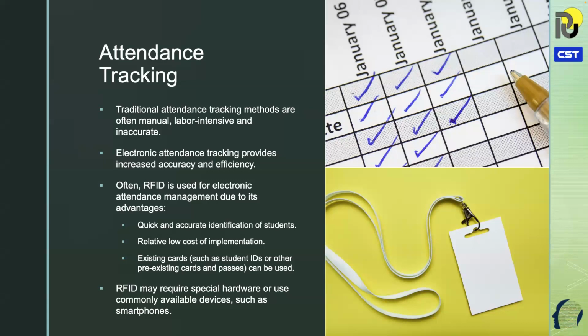And even if you move the traditional forms to electronic forms, they can still be inaccurate, because the teacher can, for example, go on with their lesson and miss students who have arrived late and stuff like that. That's why fully electronic attendance tracking is more accurate and more efficient, because errors of this type can be very easily eliminated.